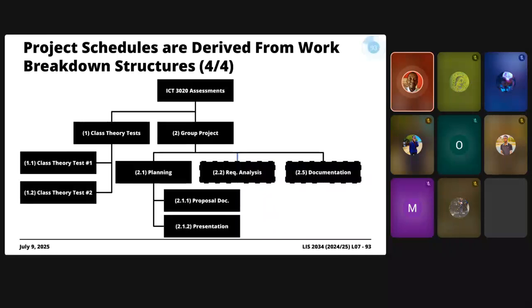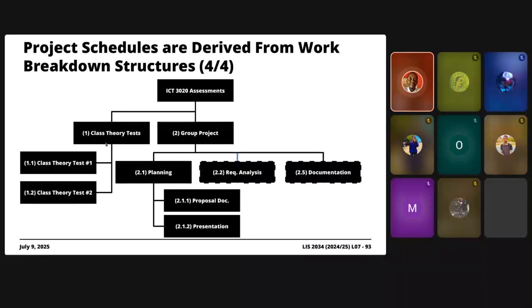I'm giving you an example of a work breakdown structure for the 3020 course here. The name of the project is ICT 3020 assessments. And we see here that in level 2, we are categorizing the different types of assessments, right? We have tests, we have a group-based project. This is where the enumeration happens. So we're saying 1 is class theory test, 2 is group project.